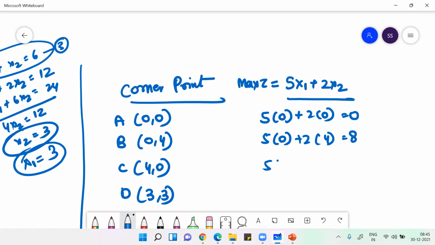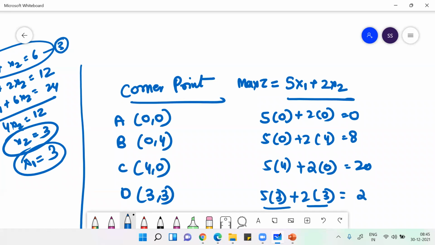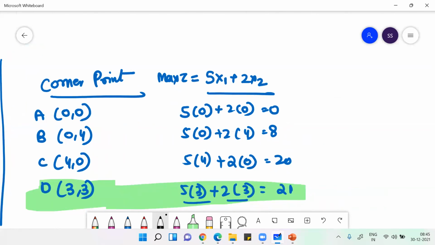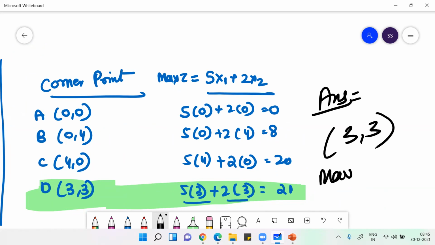At C, 5 into 4 plus 2 into 0, I'll get 20. At D, 5 into 3 plus 2 into 3, I'll get 15 plus 6, 21. So the maximum value of Z you're getting at the coordinate (3, 3). So your answer for this problem is (3, 3), and your maximum of Z is equal to 21.